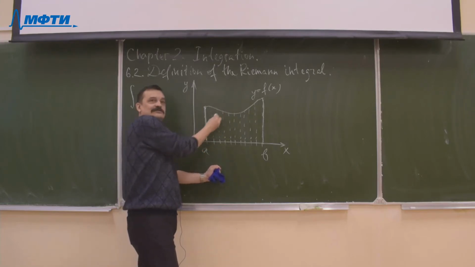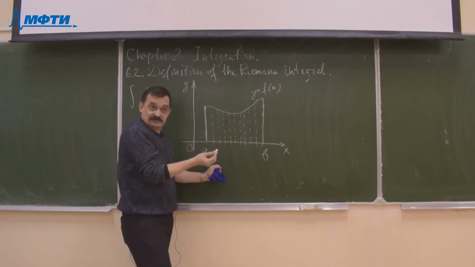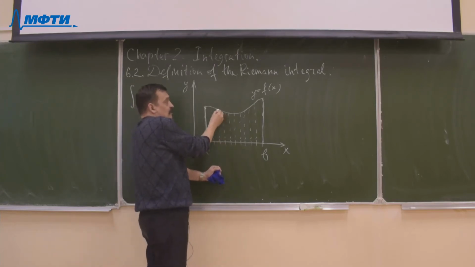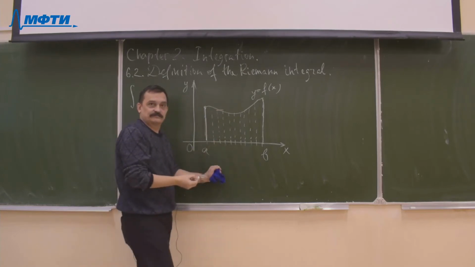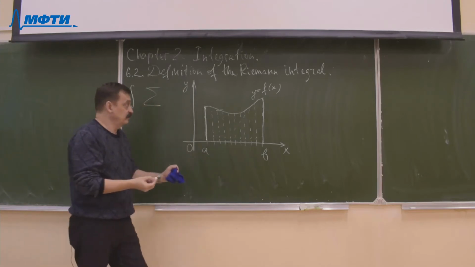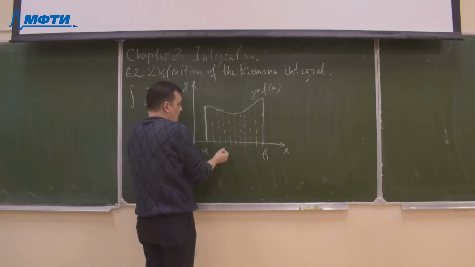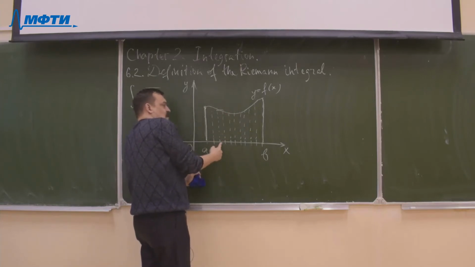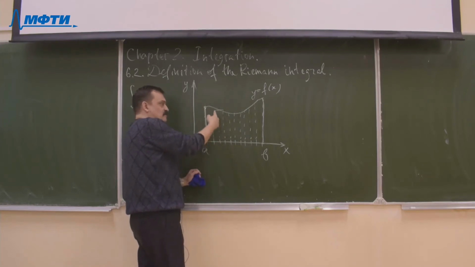There is a choice. We can choose the maximum, we can choose the minimum if it exists, of course. But in general, we can take an arbitrary value of our function somewhere in between. And that is the most general idea. So what do we do? We replace every small trapezoidal figure by a rectangle.